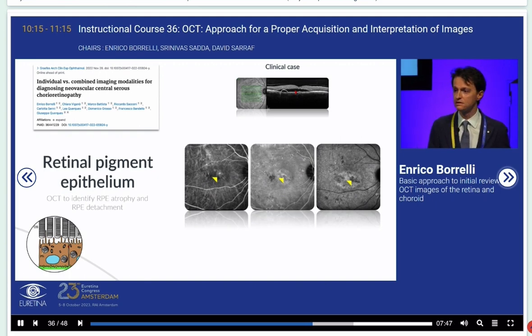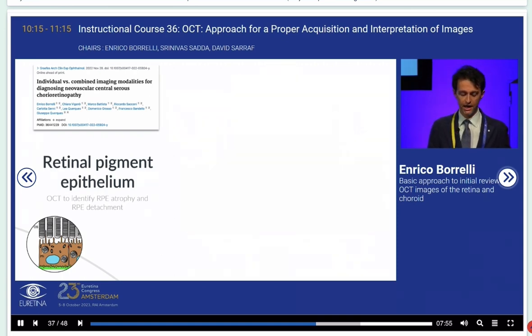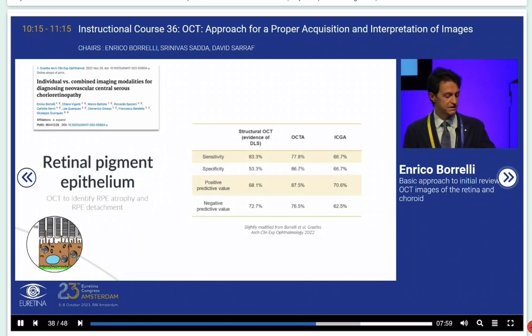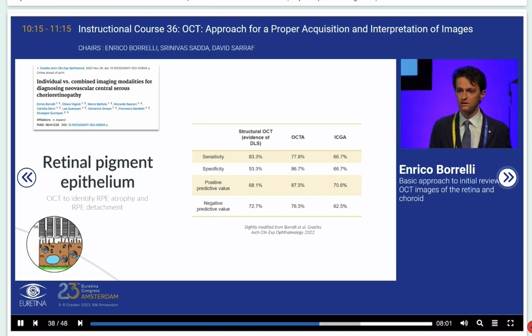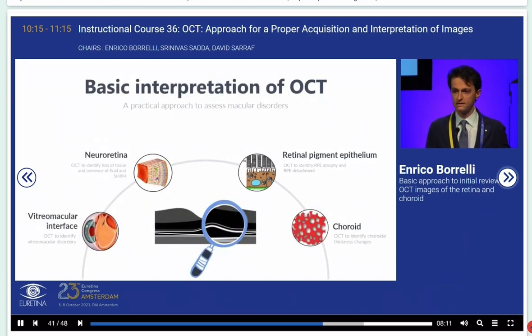As you can see, this is a patient with a double layer sign and without neovascularization, as we can see on both ICG and OCTA. And this was the specificity and the sensitivity of this OCT sign in central serous chorioretinopathy, which is lower than AMD. So let's go back to our assessment.